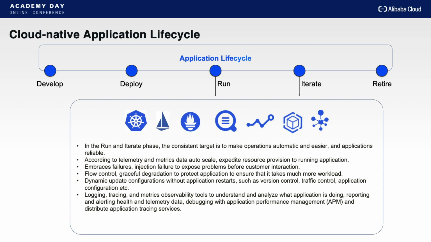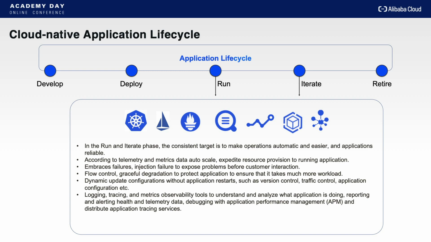The next phase is the running and iteration phase. In this phase, the consistent target is to make operations automatic and easier, and applications reliable. According to telemetry and metrics data, autoscale and expand resource provisioning for running applications.